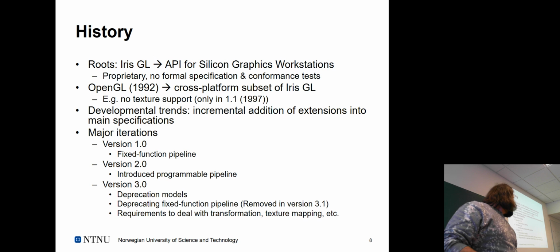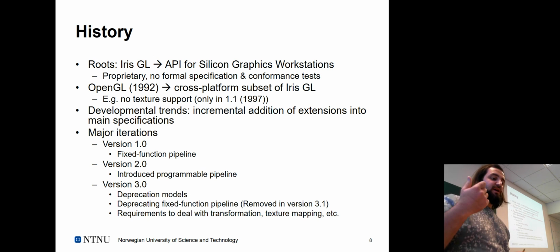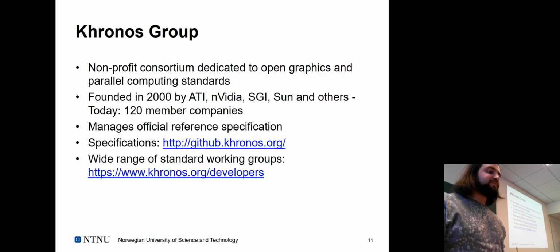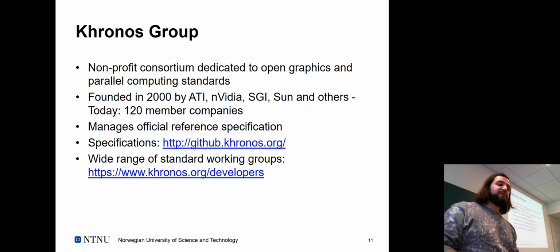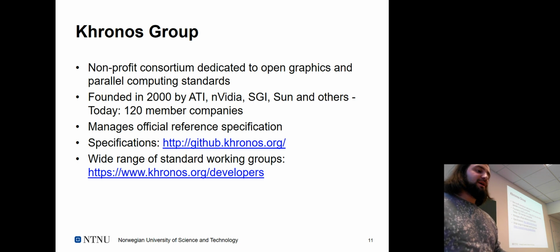And requirements to deal with transformation, texture mapping, etc. also appeared by that time. This OpenGL implementation is a product of the Khronos Group, which is a non-profit consortium of today more than 120 companies who collaborate on the definition of the specification.